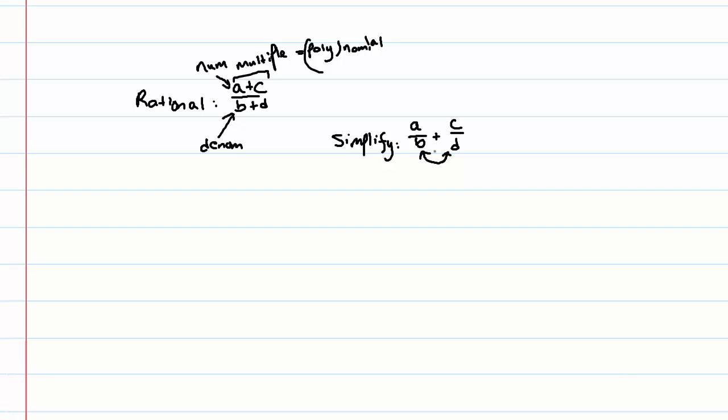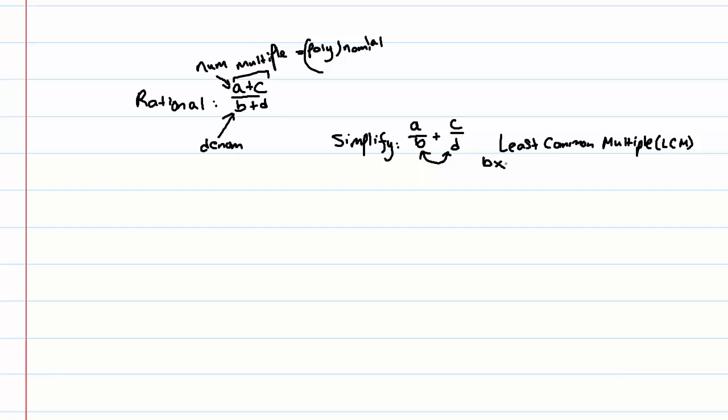In order to do this, we can find the least common multiple, or the LCM. What the least common multiple is, is the smallest number where both b and d can go into it.